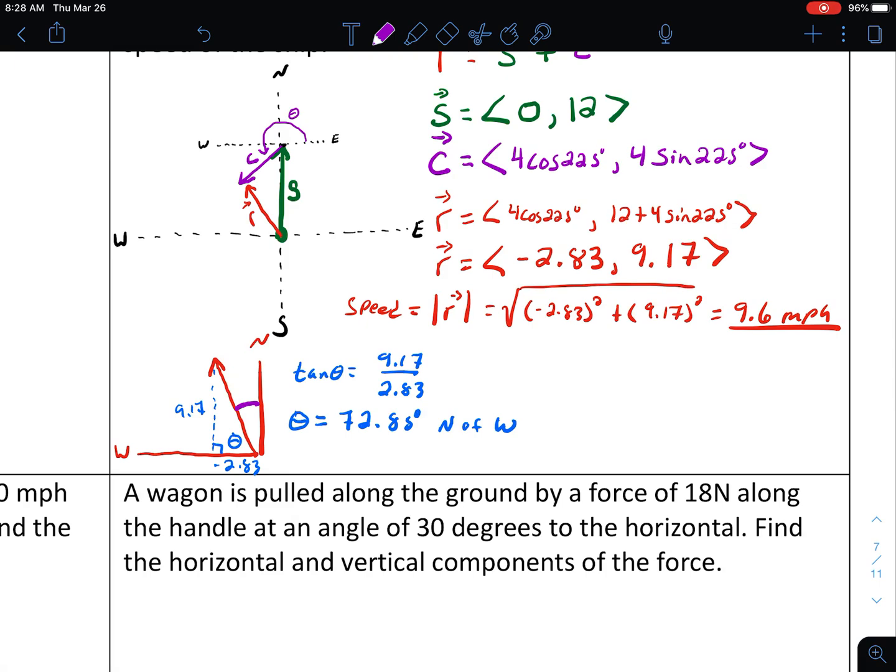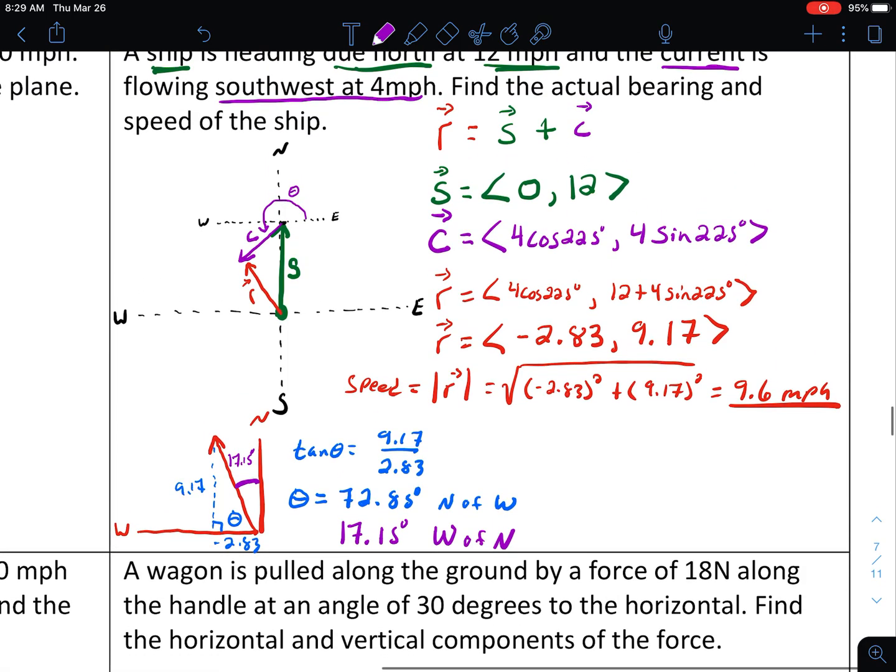I'd subtract the 72.85 from 90, and that's going to give me about 17.15. And I could also give this direction as 17.15 degrees west of north. They tell me the same thing.